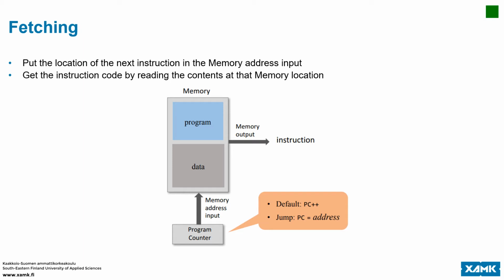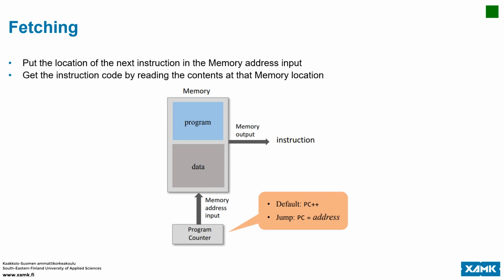So we also need to store the next instruction, the instruction that the CPU needs to fetch on the next cycle, in some register for the memory address input. Basically the memory needs to take in some value which signifies which memory address needs to be read, and then as an output we get an instruction.